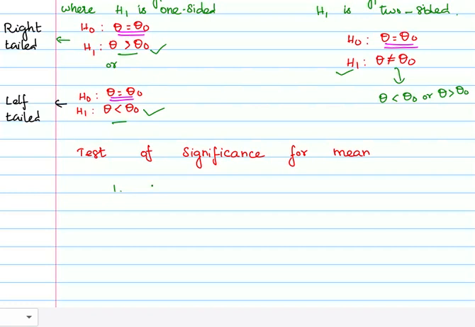The first one is sigma known, and the second one is sigma unknown. What is sigma? Sigma is the population standard deviation.